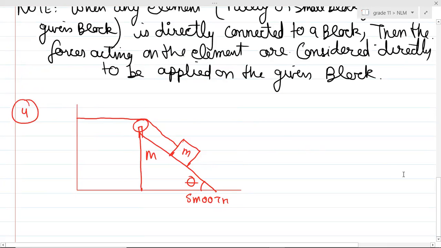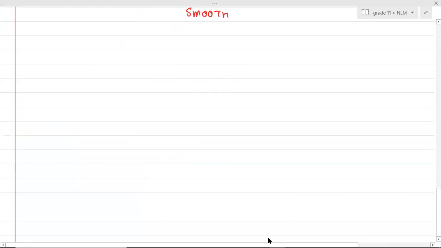Now guys, write down a heading: Motion of connected bodies.